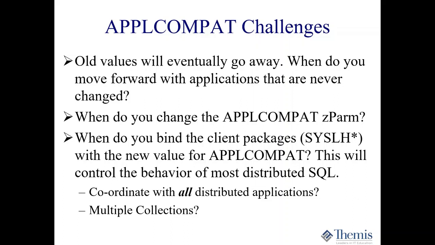Or do I bind these packages multiple times in different collections, and then there is a client configuration item called current package set that you can set to determine which set of distributed packages are being used? This is actually kind of a big topic and not one that we have time to go through in depth here. But it is something you should be thinking about as you migrate and work through the different function levels.